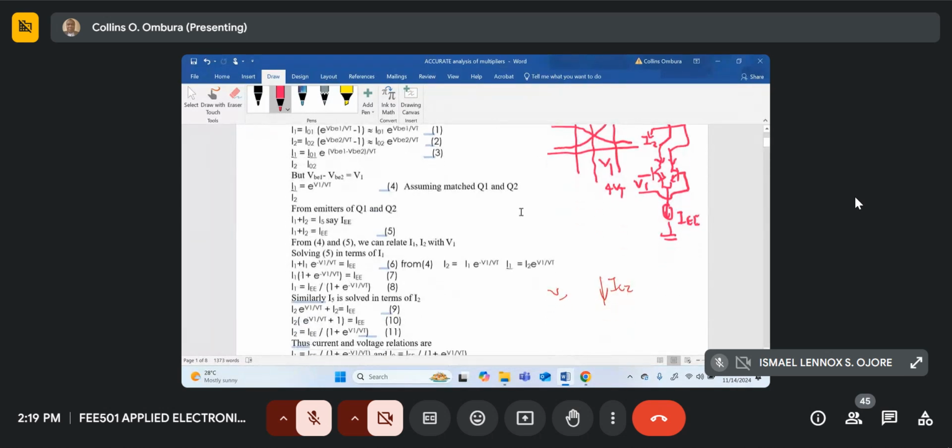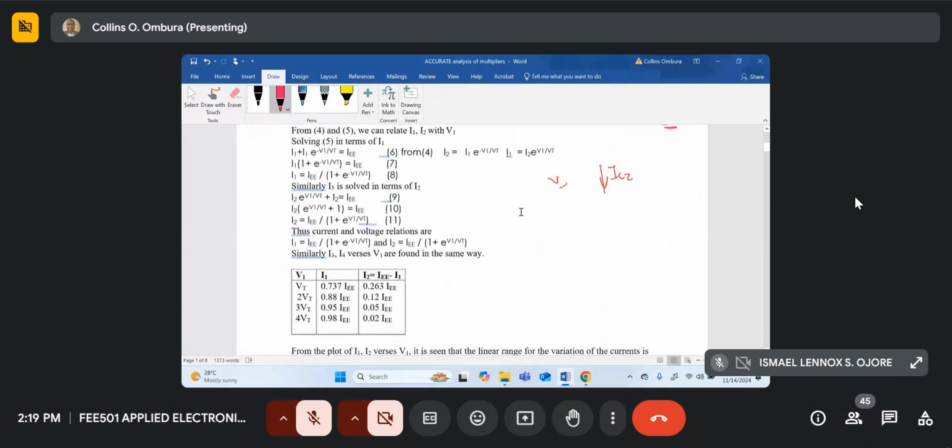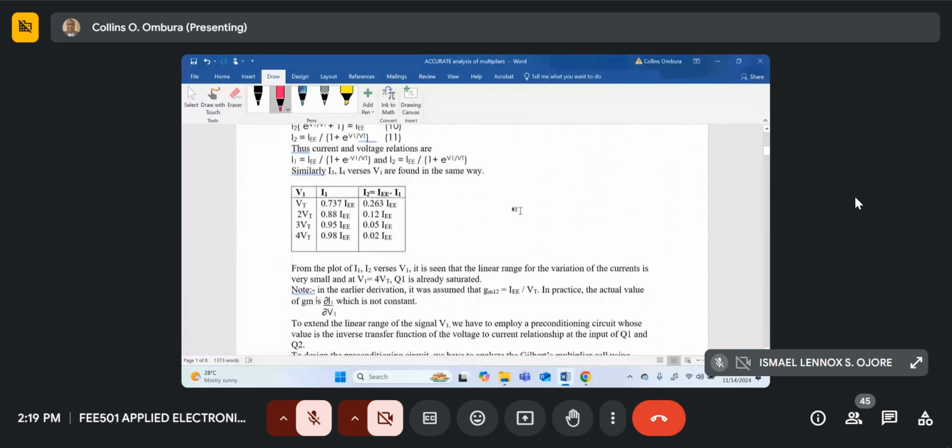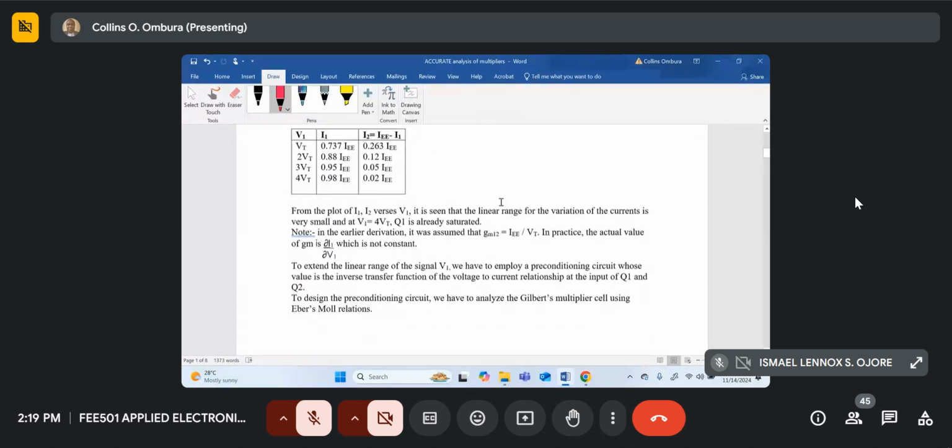So we've got to do a more accurate analysis, and I'll consider this analysis to be called accurate analysis of the Gilbert's multiplier cell, i.e., we'll be assuming that the GM is not constant.